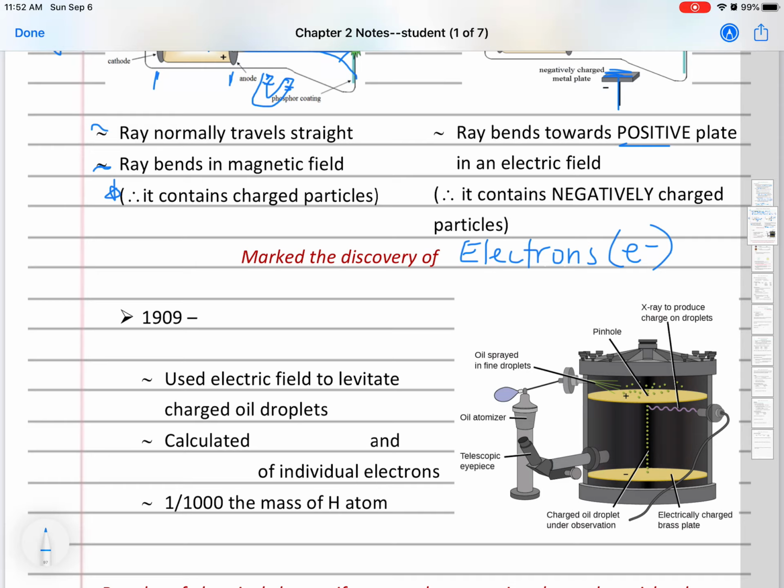The next person who came in to still work with these electrons was Robert Millikan. Robert Millikan did these experiments using oil drops. We're going to call it the oil drop experiments.